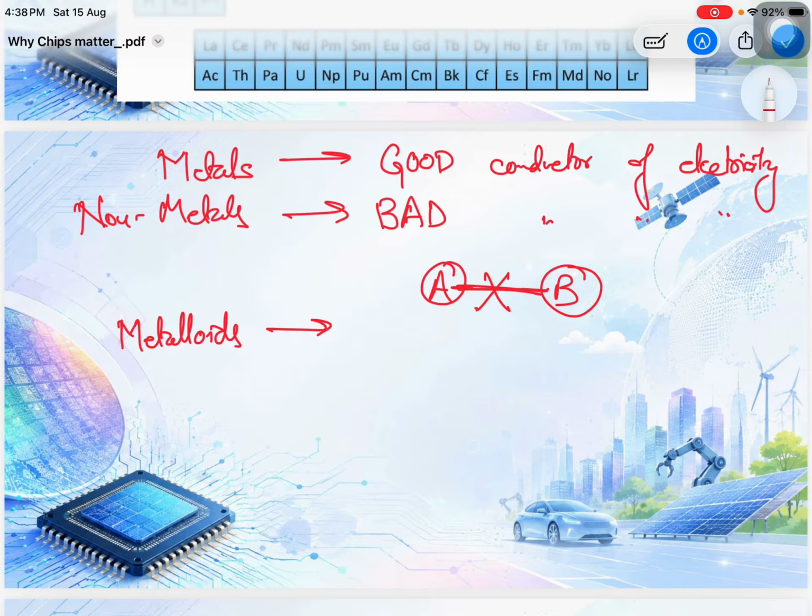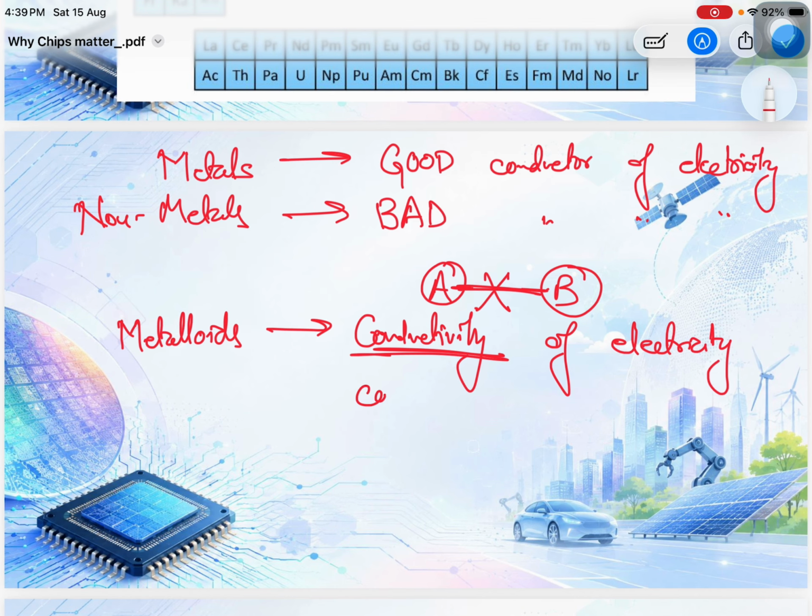In other words, the conductivity of electricity can be controlled. This is the game changer for us. For metalloids, the conductivity of electricity can be controlled. We can actually control how and when to conduct electricity through a metalloid.